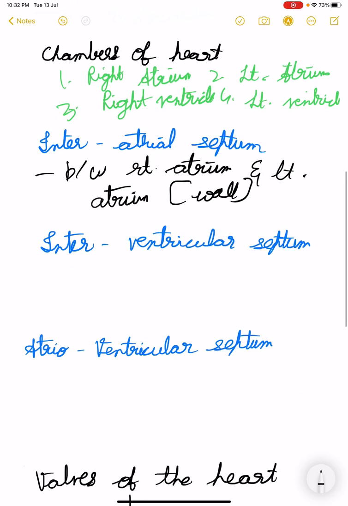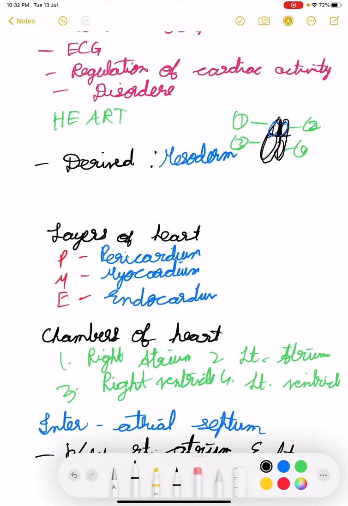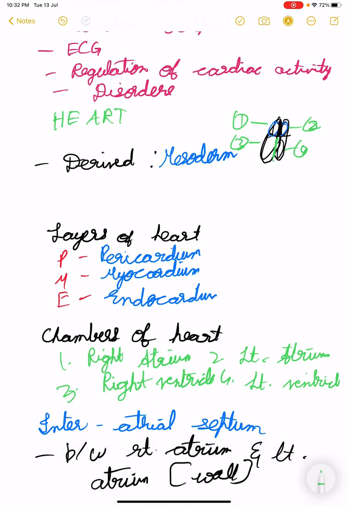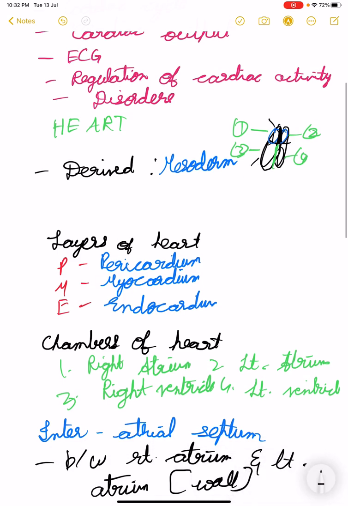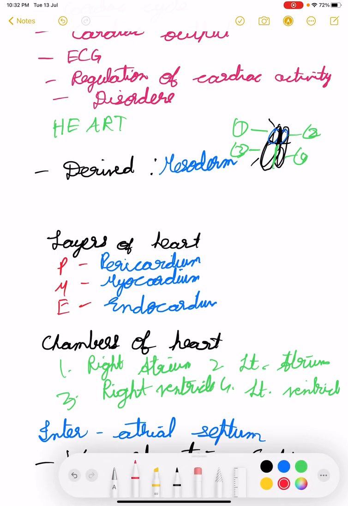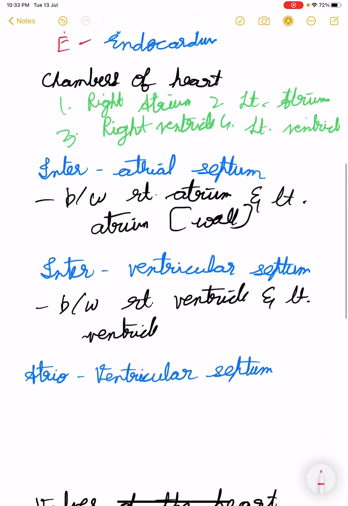In the same way, the wall between right ventricle and left ventricle is called as interventricular septum. See over here, this particular part is interventricular septum. In the same way, this one is right atrium and right ventricle. In between these two, we have atrioventricular septum, which separates right atrium and right ventricle, and left atrium and left ventricle.